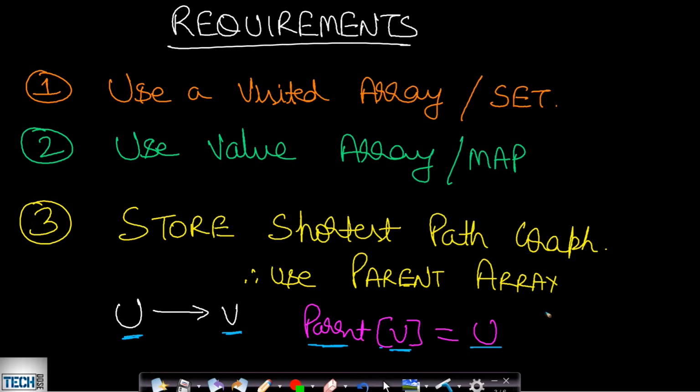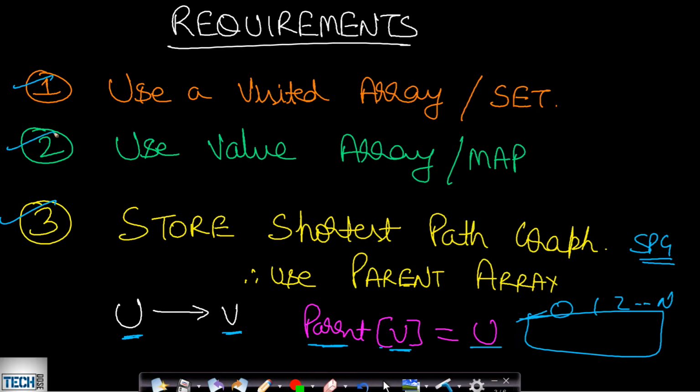If we maintain the parent-child relationship in an array for all the labels, then we can easily use this array to form our shortest path graph. So this is the logic, and this is the third data structure. We can use an array, or otherwise a map as well.